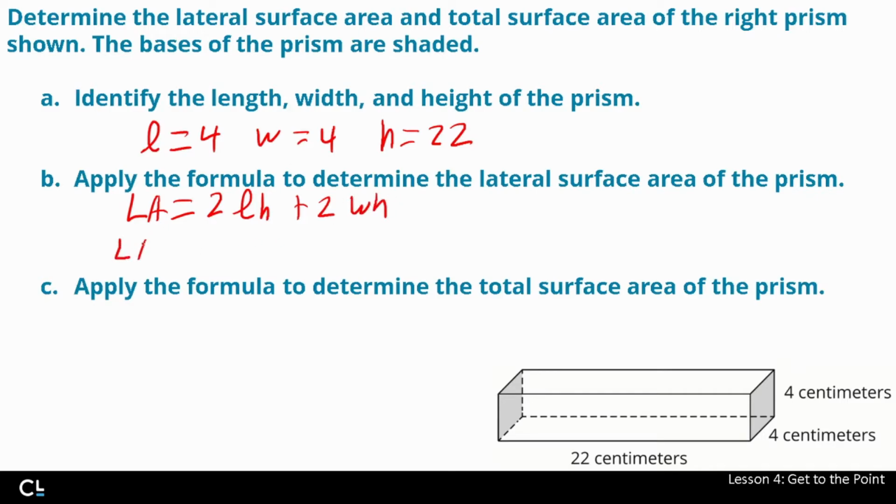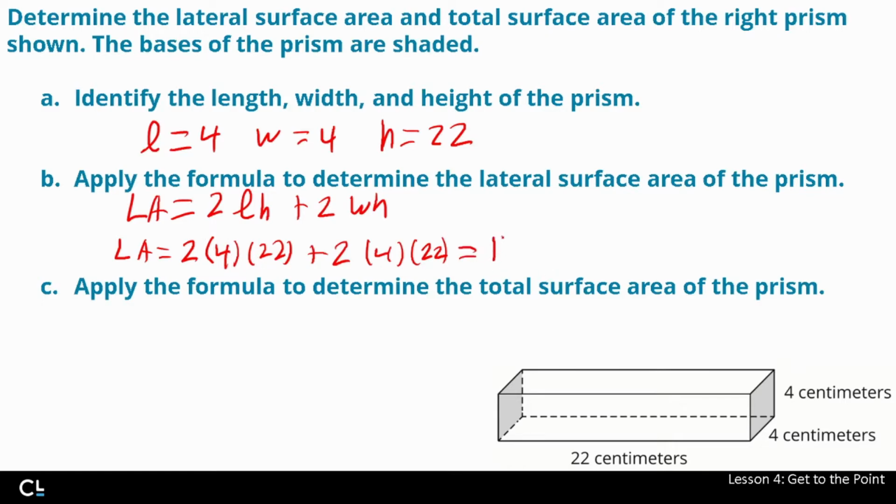We get our lateral area equals 2 times L, which is 4, H, which is 22, plus 2 times W, which is 4, times H, which is going to be 22. Look, these are exactly the same thing, so we only have to really multiply once and we'll be able to find both of these.